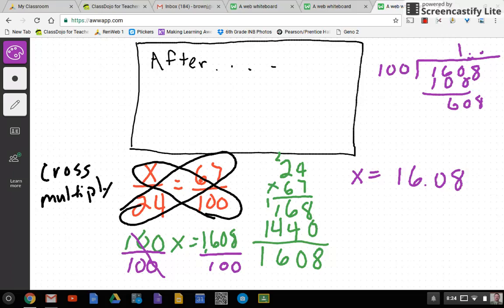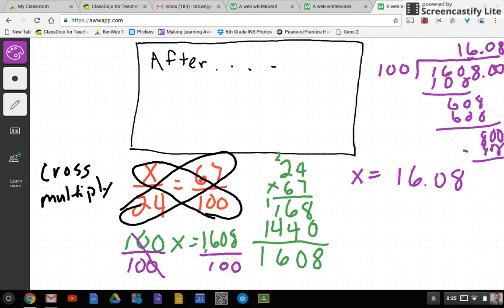See, it can go in right here 6 times, which would be 600, which I get 8 left. Add a 0 with my decimal. It can't go in there. Add another 0. And it can go in here 8 times to get 800. So yes, the decimal did just move 2 spaces to the left. 1608 becomes 16.08. That is my answer.